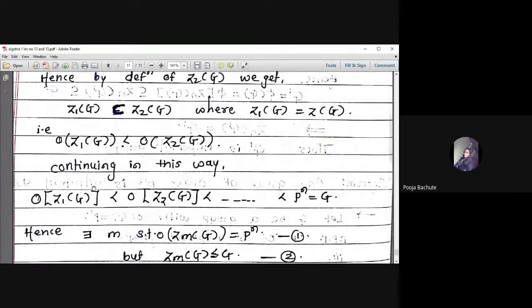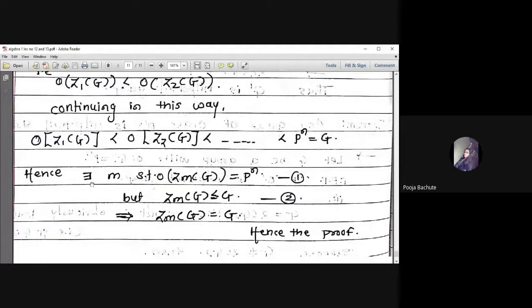Hence, there exists a least positive M such that the order of Zm of G is equal to p raised to n. Give it as equation number 1. But Zm of G is a subgroup of G, which means Zm of G is nothing but G.